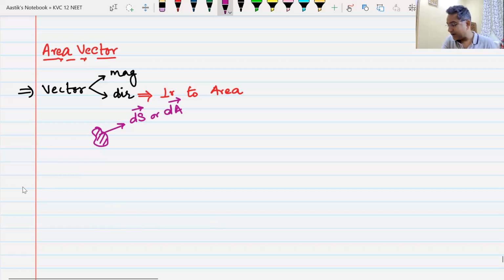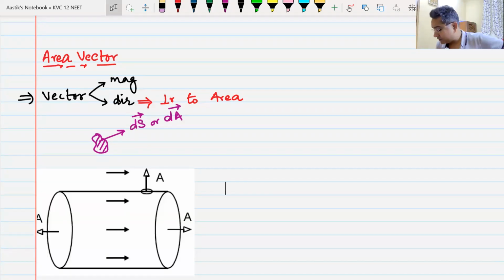For example, if I have this cylinder, the cylinder has a curved surface and two circular caps. Now, the area vector for a surface is perpendicular to it. Now, let us take this pink circular part.